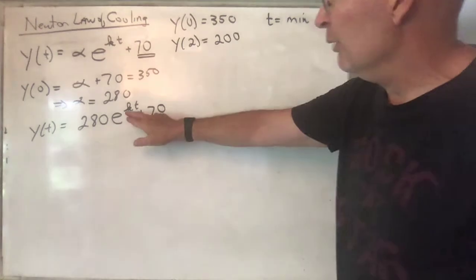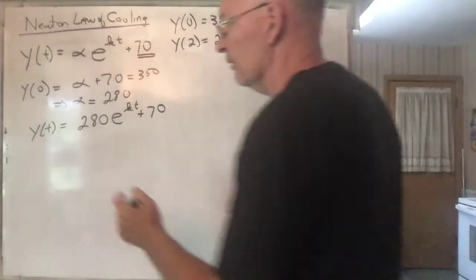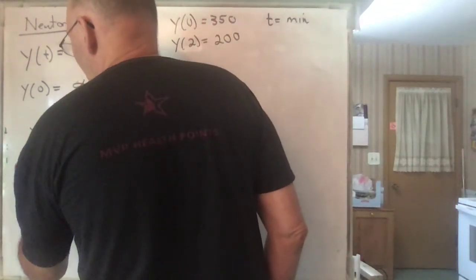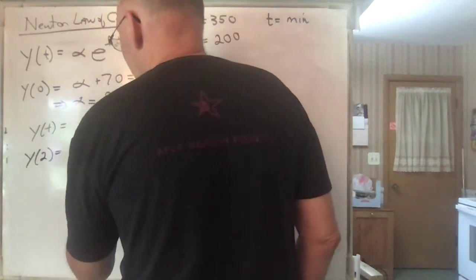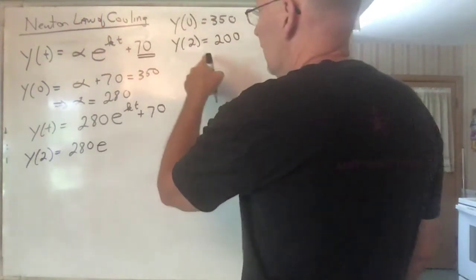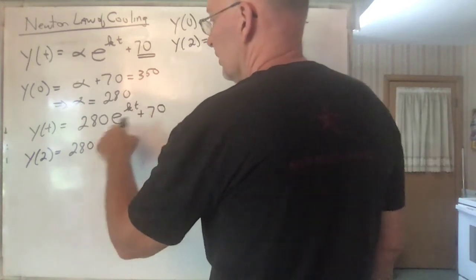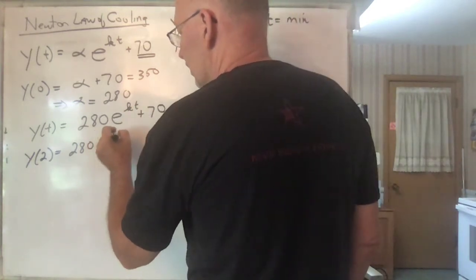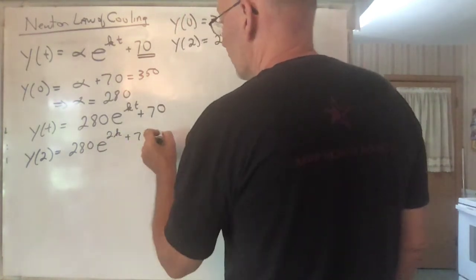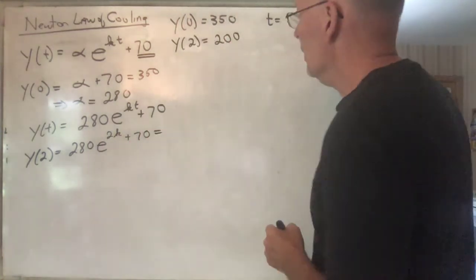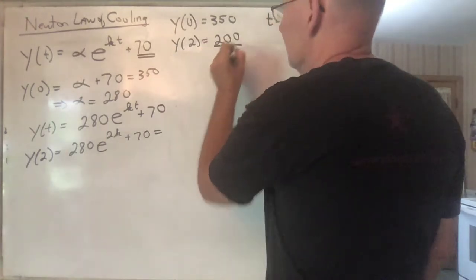Okay? Now can we find our k? Let's see if we can find our k. So y of 2 is equal to 280 times e to the, t is equal to 2, so it's going to be 2k plus 70, and we're saying that that's equal to 200.